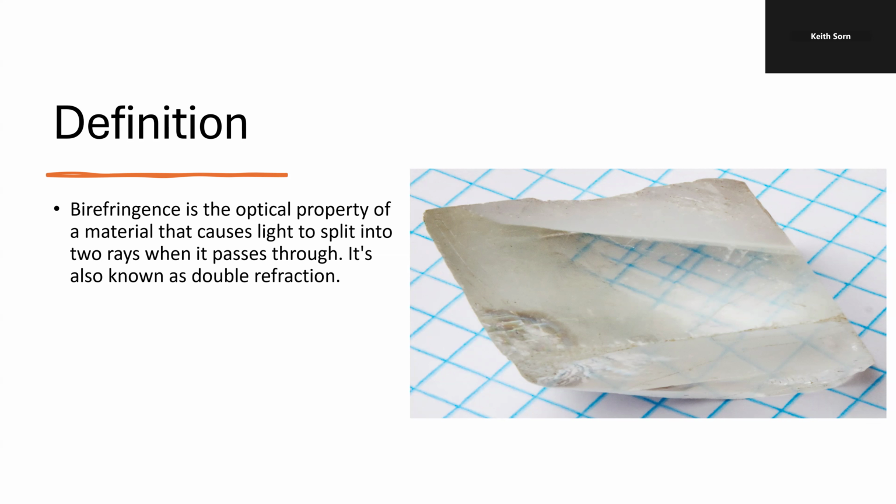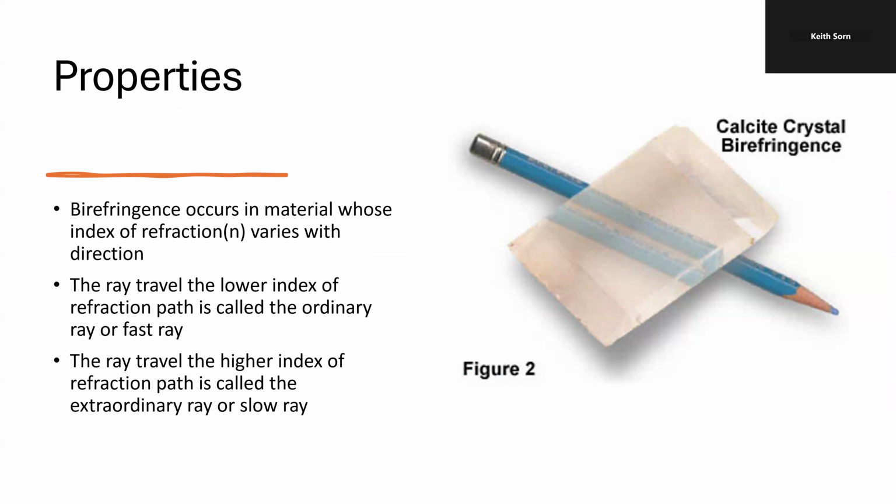Birefringence occurs because there are different indexes of refraction in different directions. One index of refraction leads to a wave called the ordinary ray or the fast ray.